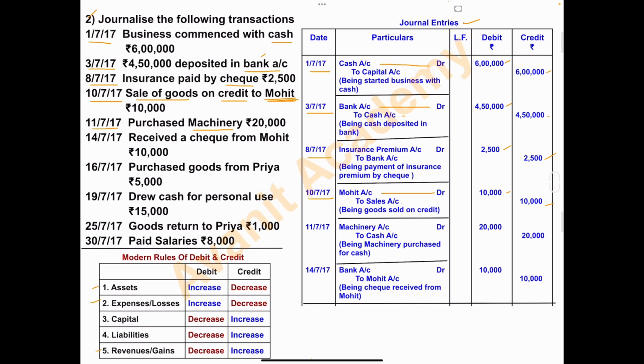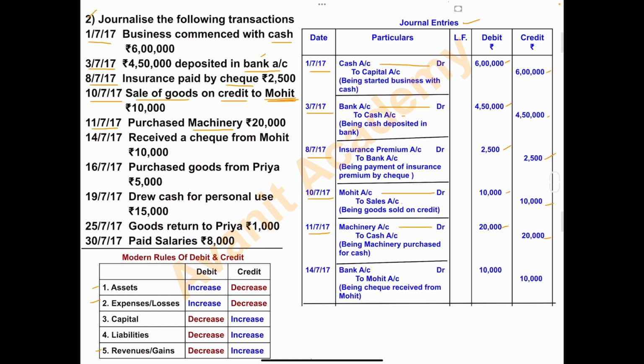Machinery account debtor to cash account. So write the entry date 17 July. Machinery account debtor to cash account, and the amount is 20,000. Credit also same 20,000. And the narration is being machinery purchased for cash.